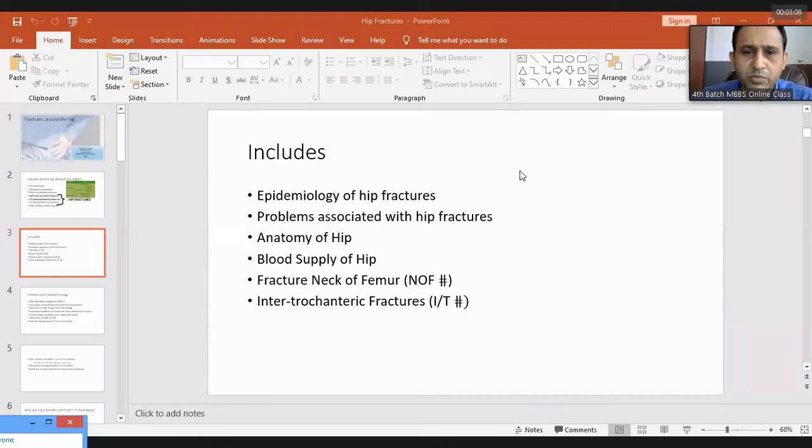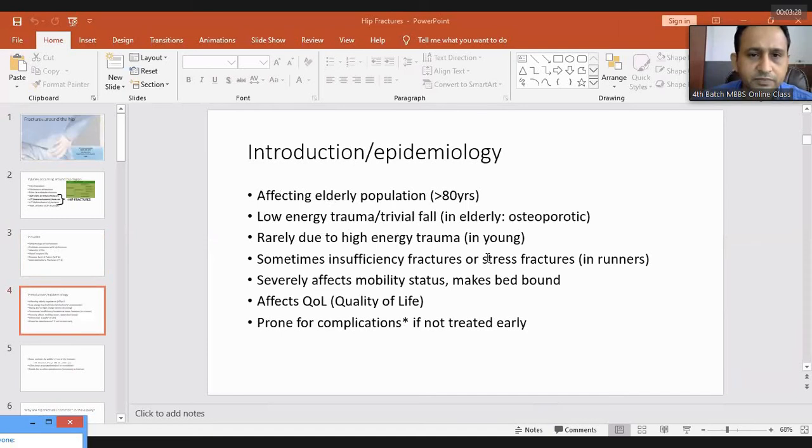We'll talk in brief about anatomy and blood supply of the hip, and we'll discuss in detail fracture neck of femur and intertrochanteric fractures. Please note that this sign is a symbol for fracture. NOF stands for fracture neck of femur, IT stands for intertrochanteric.